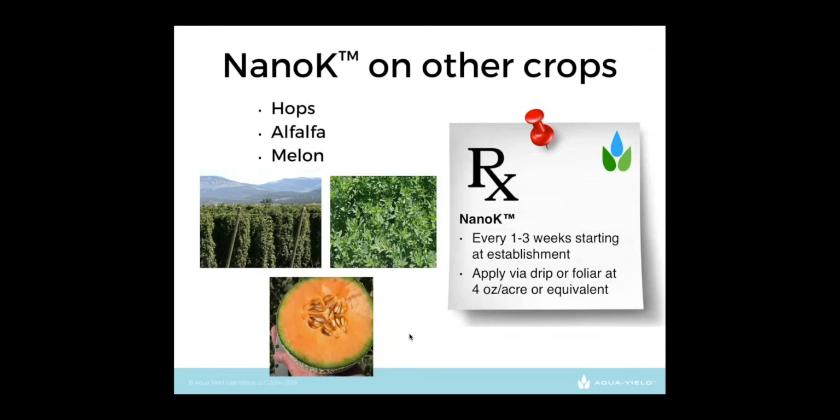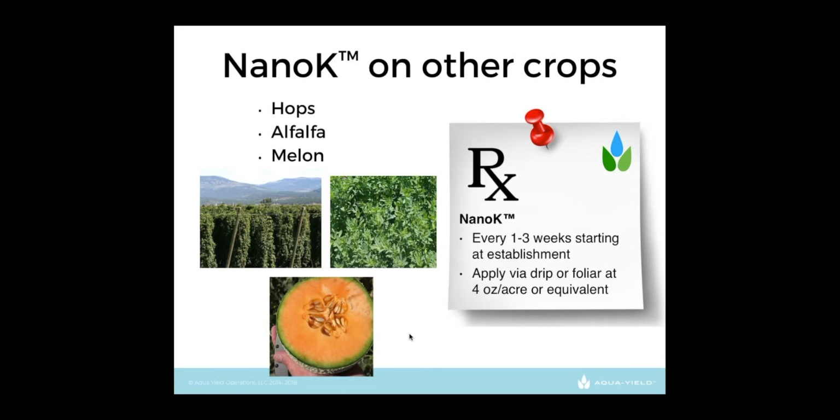A little bit more on Nano-K. So there's other crops where Nano-K might be advantageous. Potassium is a really big deal in hops, and so that's a great place to use it. Hops farmers use a lot of foliar fertilization of potassium as well as fertilizing in the root zone.